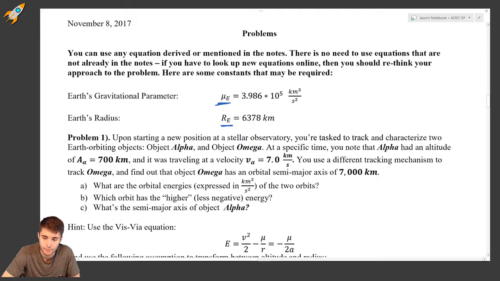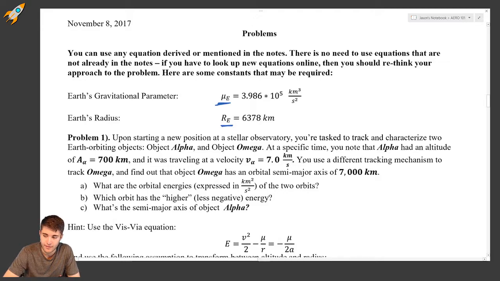So problem number 1. Upon starting a new position at a stellar observatory, you just got hired. Congratulations. You're tasked to track and characterize 2 Earth-orbiting objects, object alpha and object omega. Your supervisor comes up to you and says there are 2 new objects that appear in the sky, and I want you to calculate some characteristics on them. At a specific time, you note that alpha had an altitude of 700 kilometers and was traveling at a specific velocity.